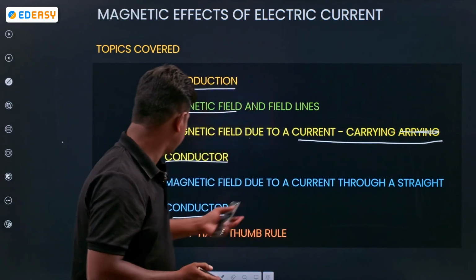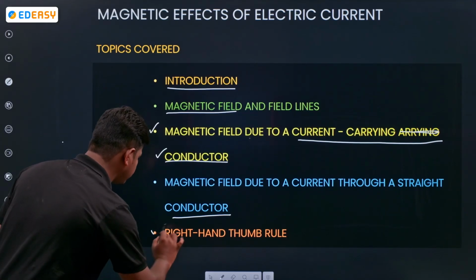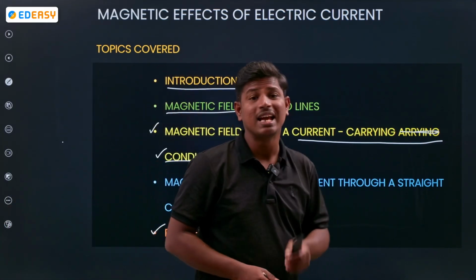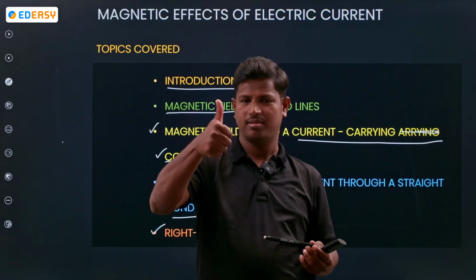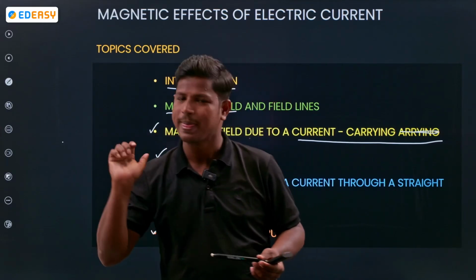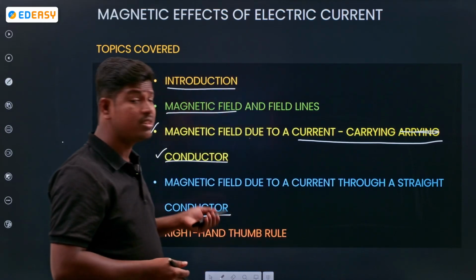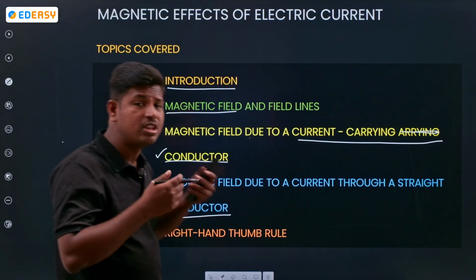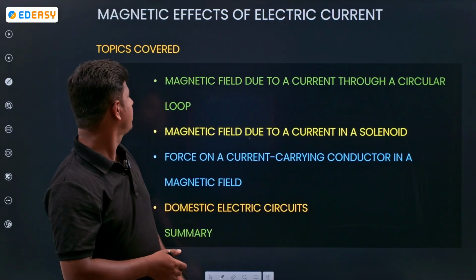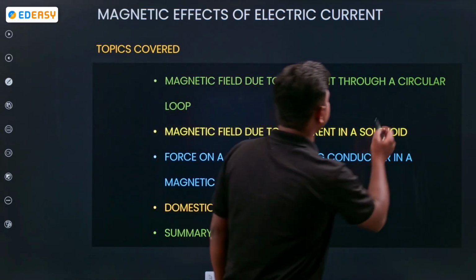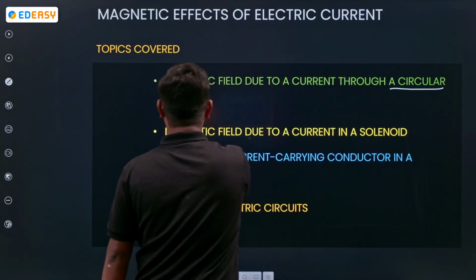Next, right hand thumb rule. What is the use of the right hand thumb rule, and for which purpose do we use it? Next, magnetic field due to current through a circular loop.